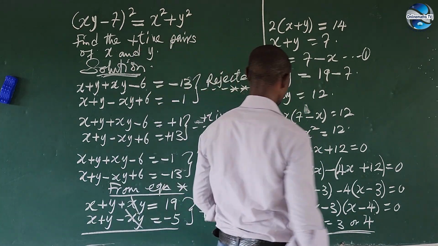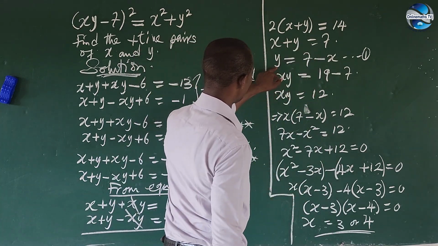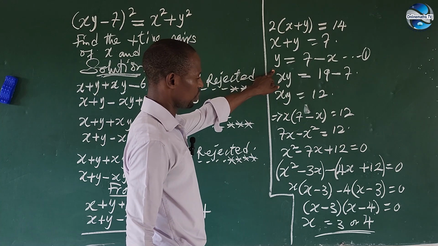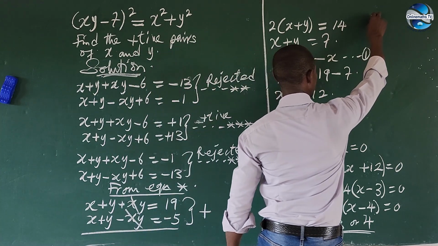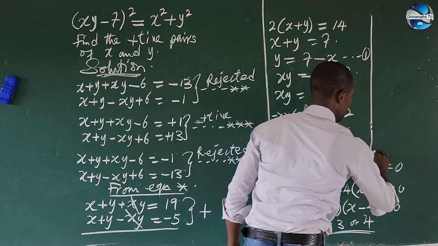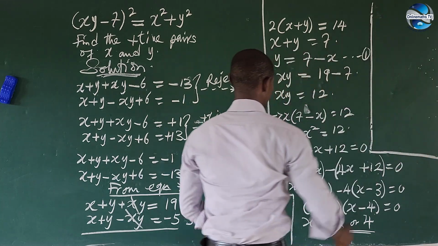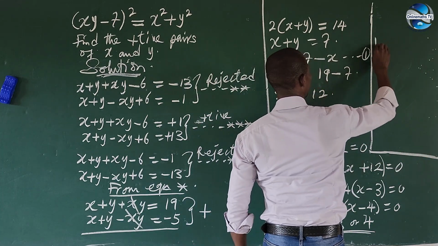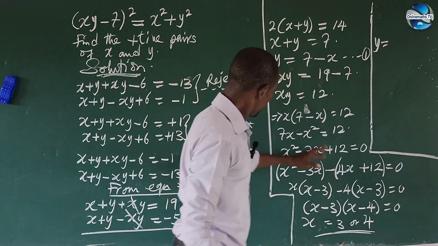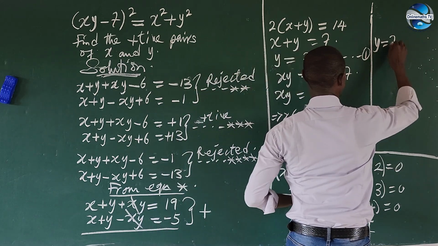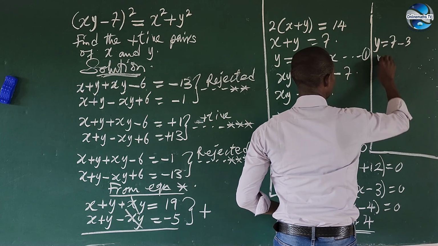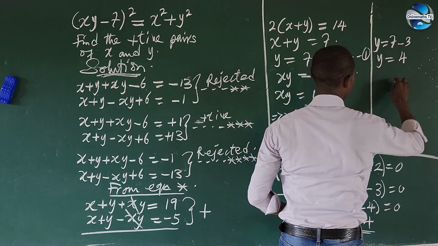So now we have this. We can look for the value of y from here now. From equation 1, we can substitute for y. So how do we substitute for y? Let's just manage the space here. Okay? So from equation 1, we know that y is equal to, we solved for x to be 3 here, so this will now give us here 7 minus 3. So we have y is equal to 4.